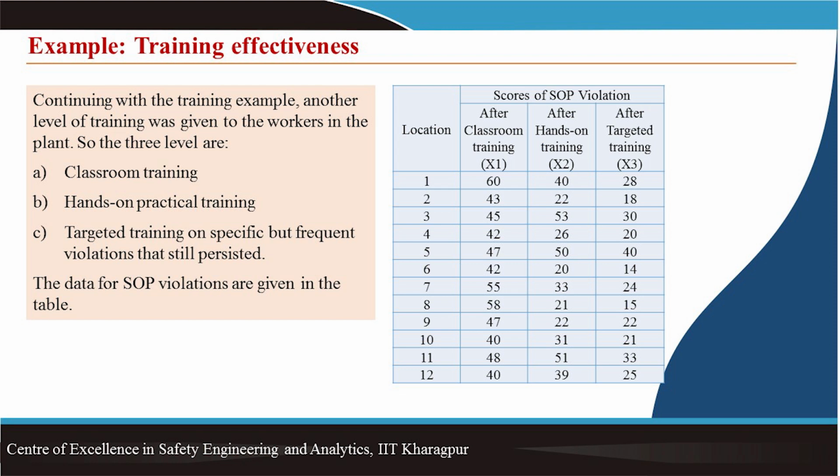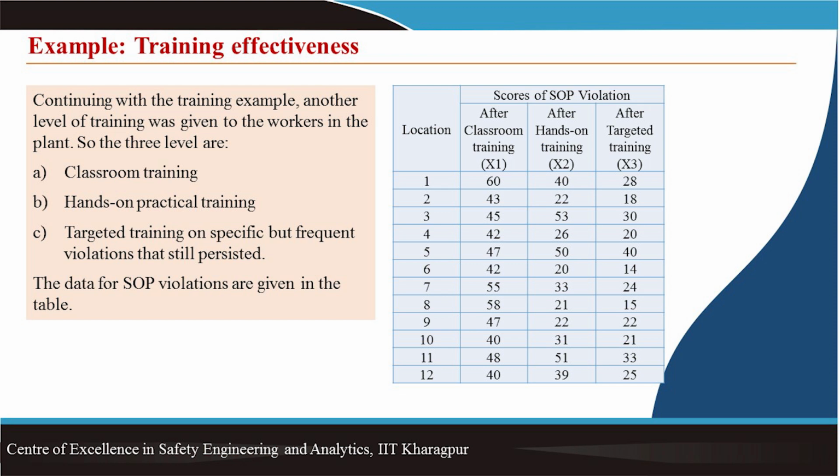Here the example is the same, the earlier example, which we are just extending. There are 12 locations in the plant, and at each location there are some people working. We have taken a group of people with similar other characteristics from each location, but location to location there can be difference.